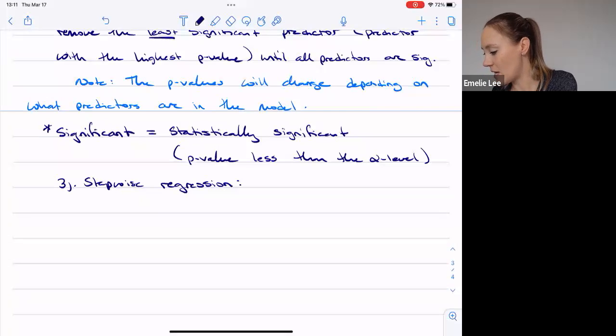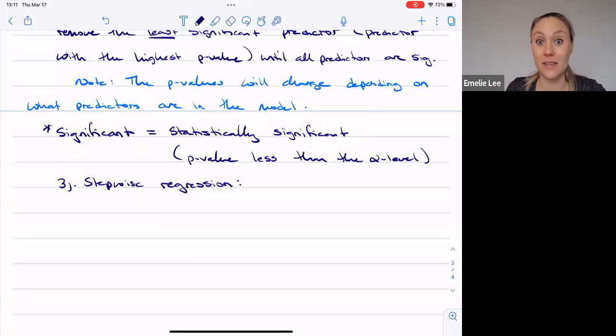Okay, start with forward selection. There it is, I've confirmed it.